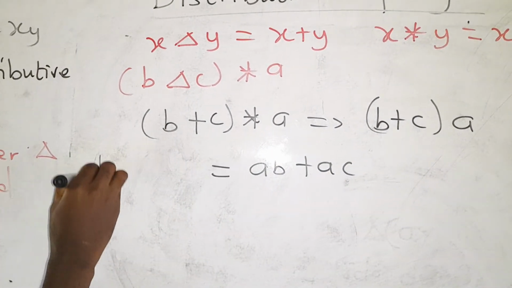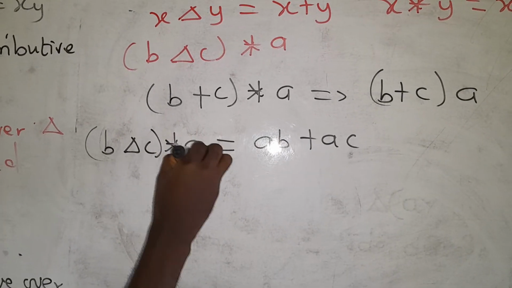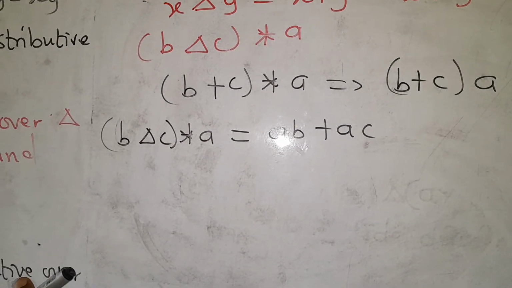So realize that (B delta C) star A is equal to AB plus AC.